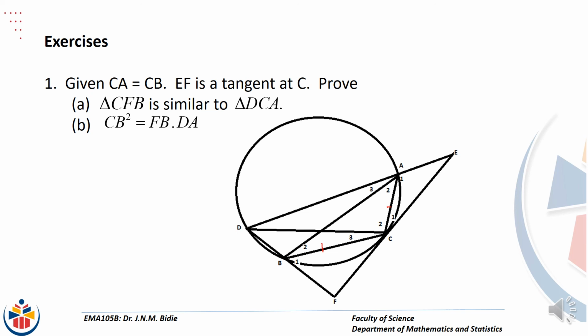That means it should be angle A2. So work it out and prove triangle CFB is similar to triangle DCA, and then thereafter prove that CB squared is equal to FB times DA, noting that CB is the common side. Work it out and try.